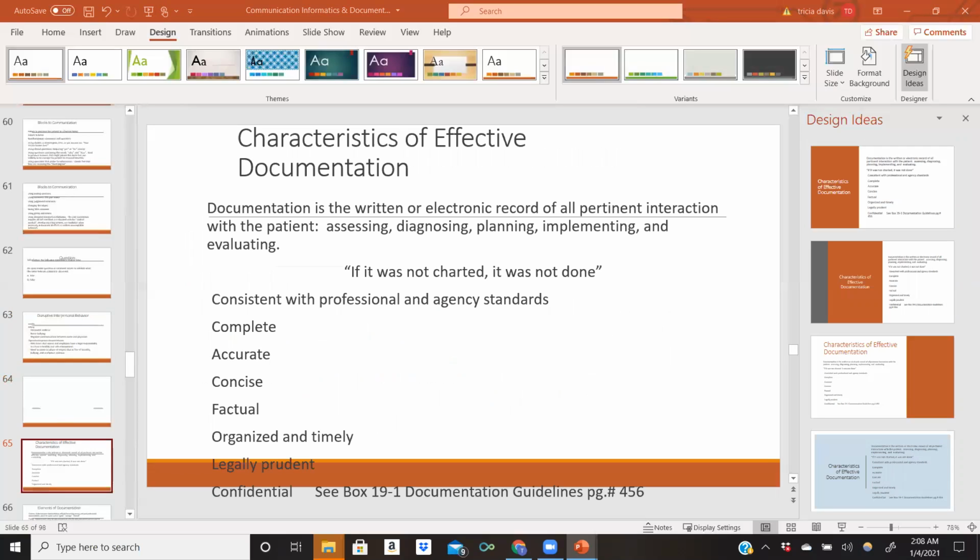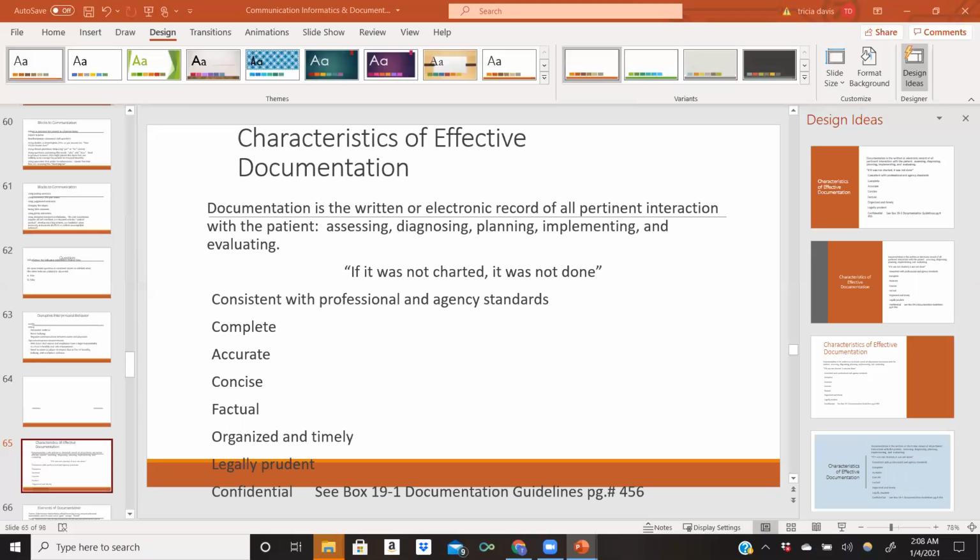So documenting care. Documentation is what we consider the written or electronic record of all pertinent interaction with the patient. It's assessing, diagnosing, planning, implementing, and evaluating. Add PI, right? Assessing, diagnosing, planning, implementing, and evaluating. And the old adage is, you'll hear this 100 times, if it wasn't charted, it wasn't done.